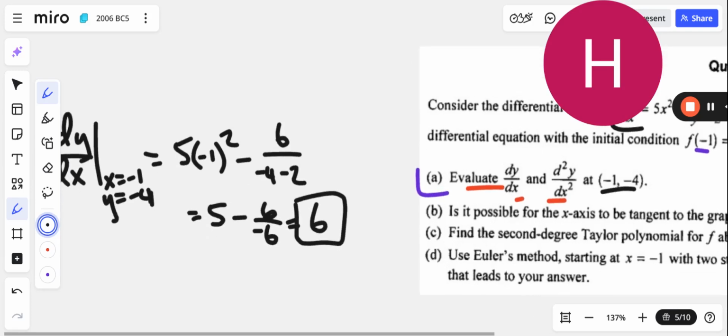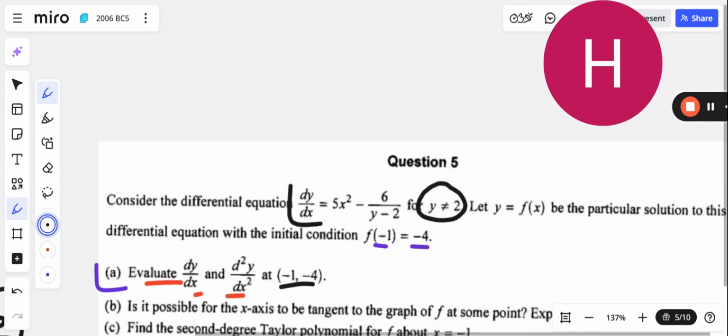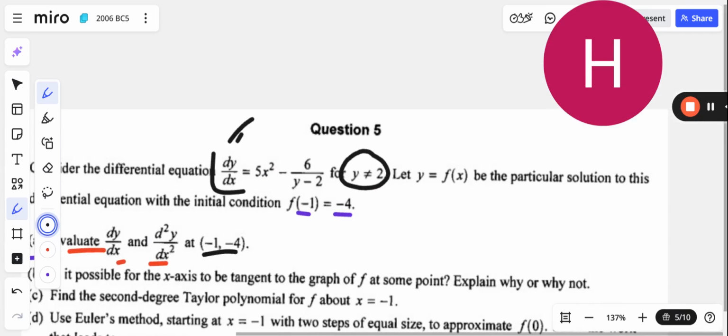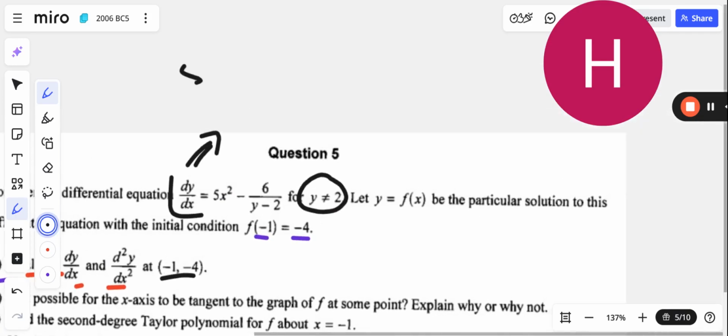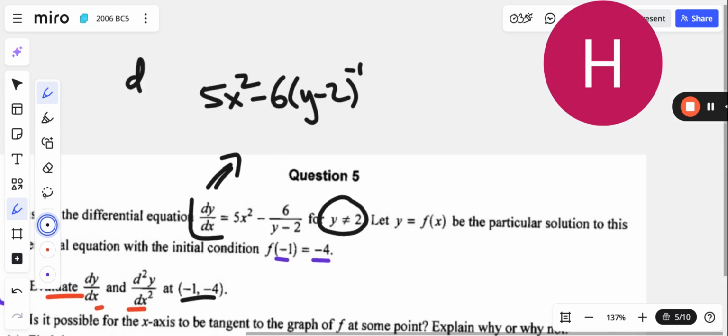So we get (5 minus 6) over -6, which is just 5 plus 1. That is 6. Now, for d squared y/dx squared, we're going to have to take the derivative of dy/dx. So let's first rewrite it in a slightly better way: 5x squared minus 6 times the quantity (y minus 2) to the -1. Amazing.